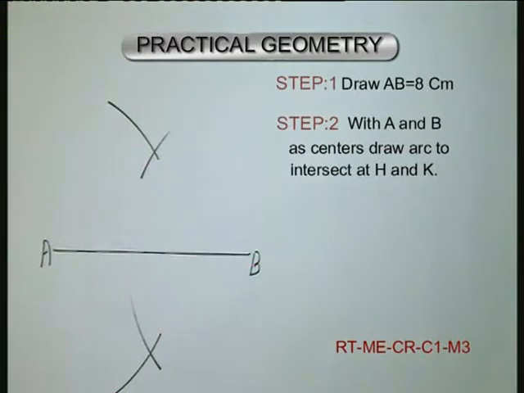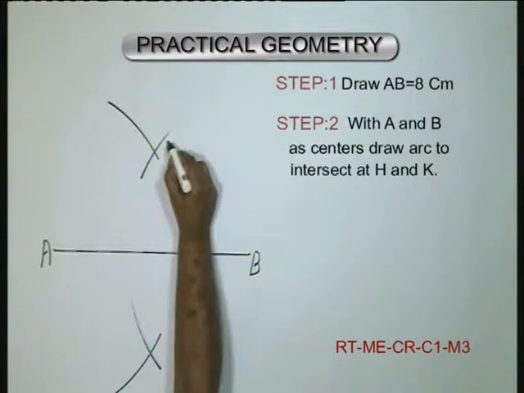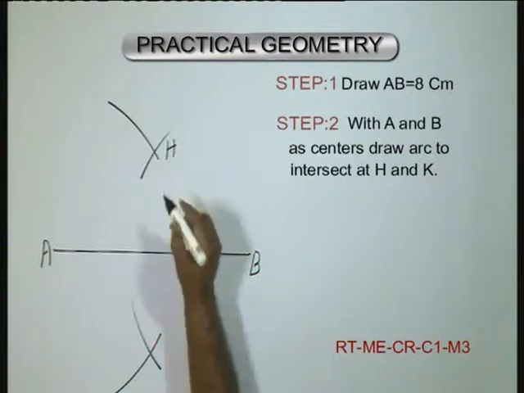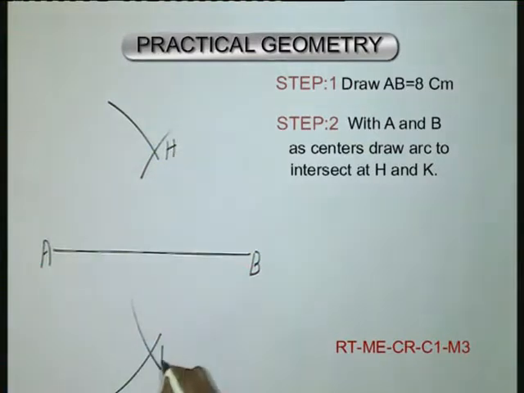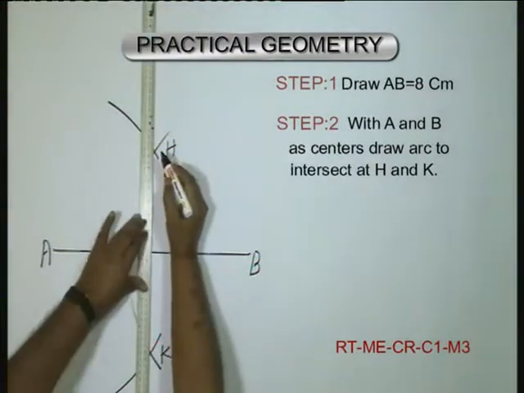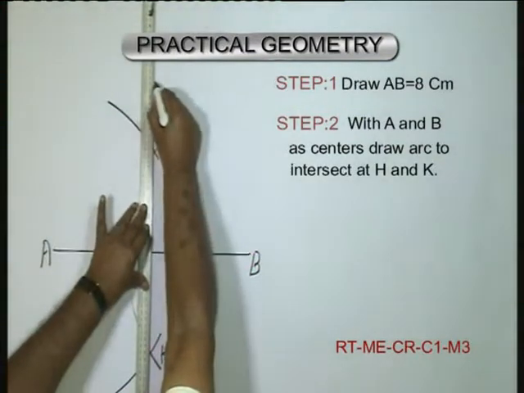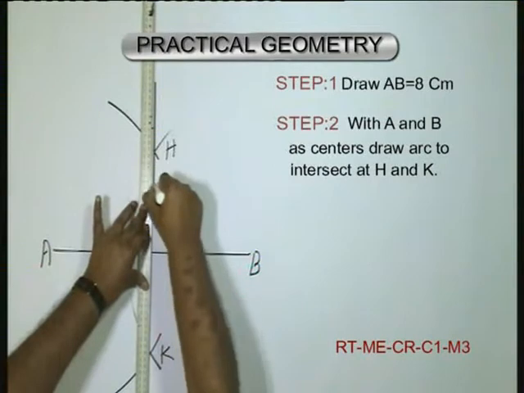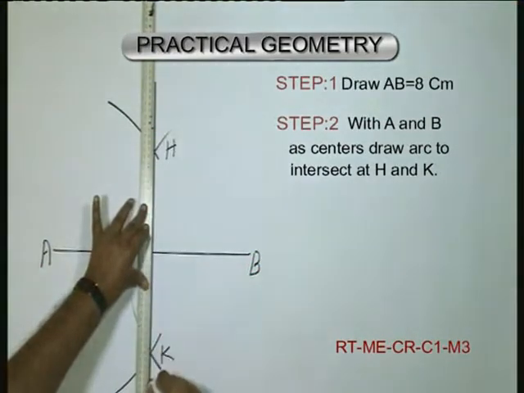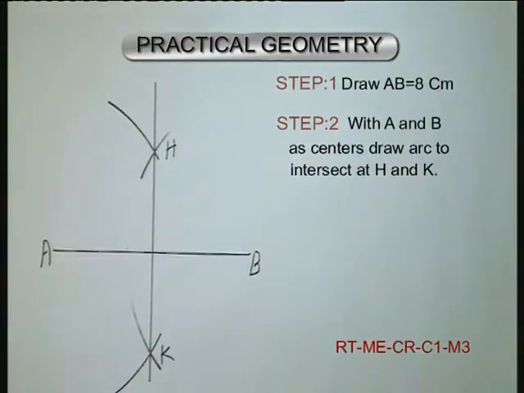Let these arcs intersect at H and K. Join HK and extend it on either side. Let HK intersect AB at M.